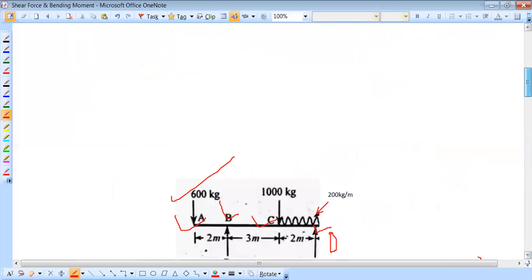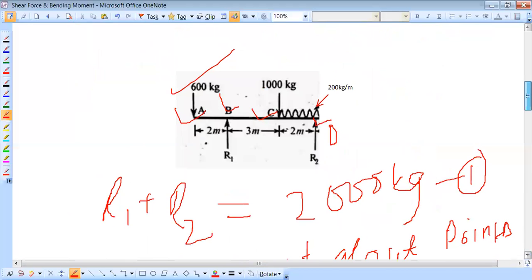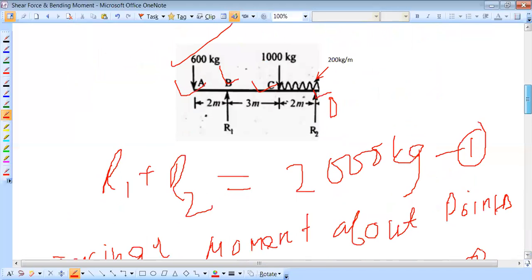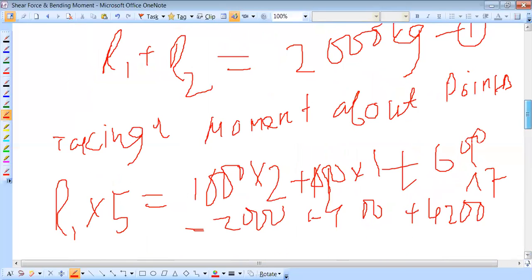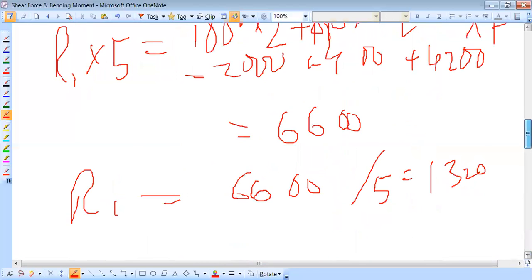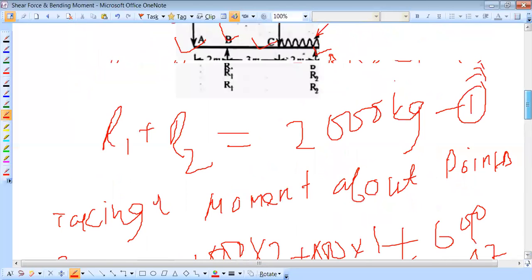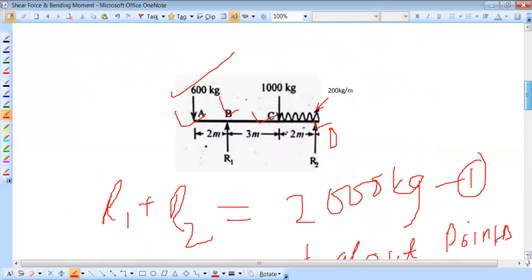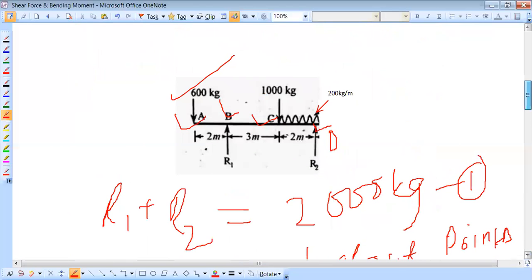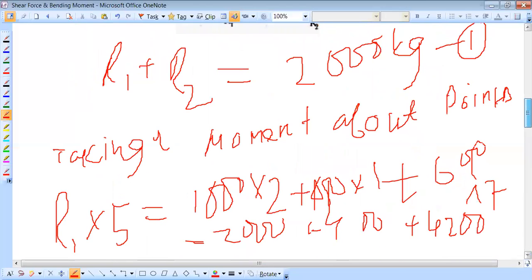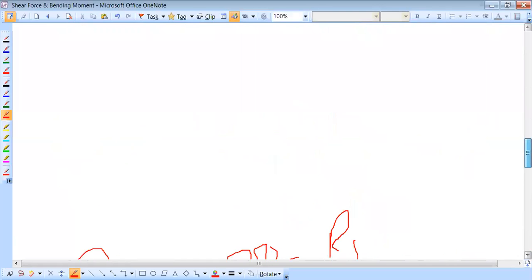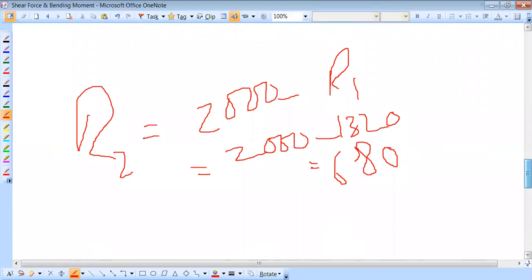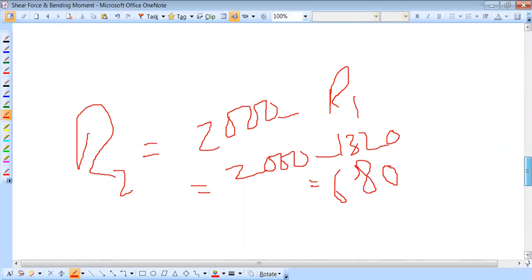So let's check again. Then find out the SF at a different value. Then 5 R1 is equal to 5, 600 into 7. R1 is equal to 1320, and R2 is equal to 680.